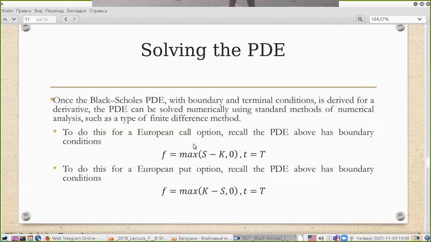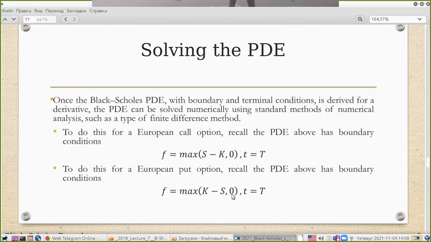So we recall again that f is the payoff function, and for us it's a boundary condition, the maximum value between the difference s minus k and 0, where s is the market price and k is the strike price. So if the market price is more than k, we win. If less, we lose.